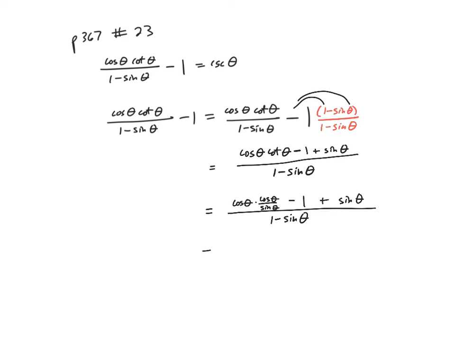Okay, so let me put this together here. It's going to be cosine squared theta over the sine of theta minus 1 plus the sine of theta, and then I have a denominator. So do you see where I've got a complex fraction here?